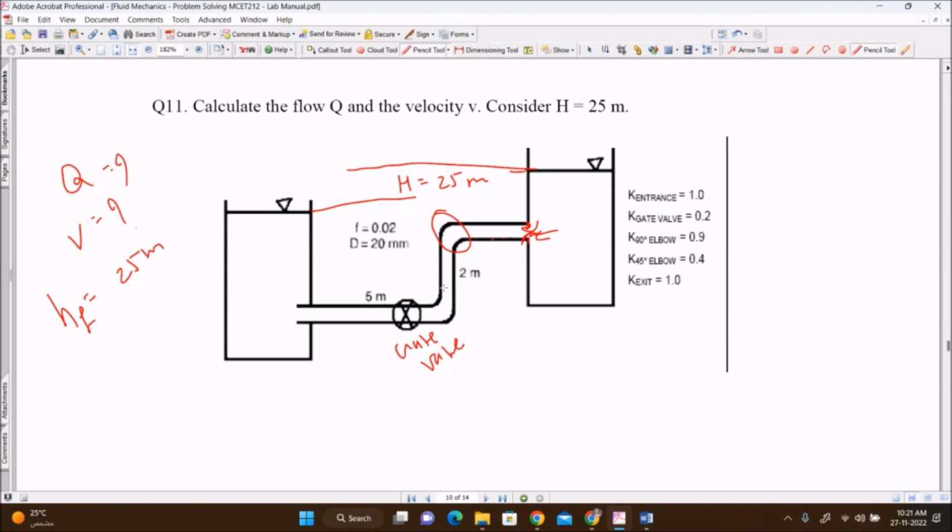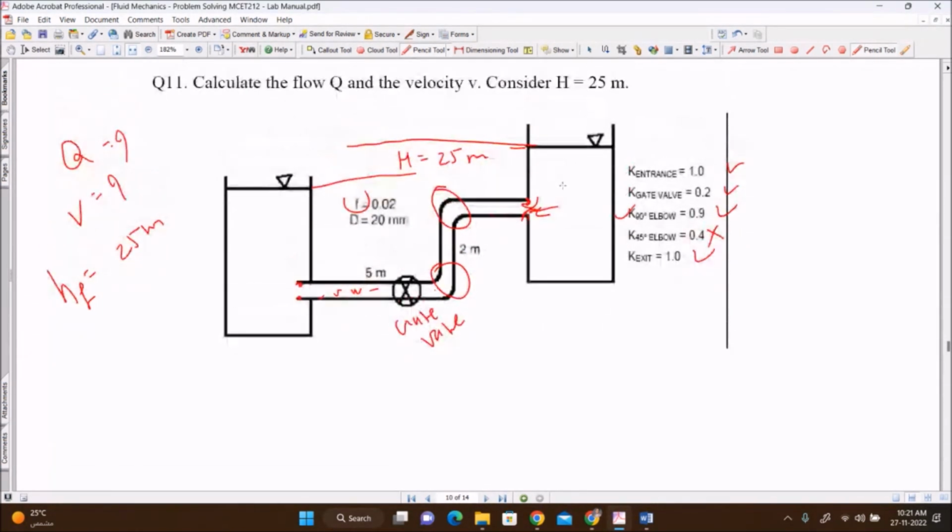Then two elbows are there. The 45 elbow is not there. K exit, so head loss at exit. And there is the friction factor, head loss due to friction. We have to consider all the losses, 1, 2, 3, 4, 5.